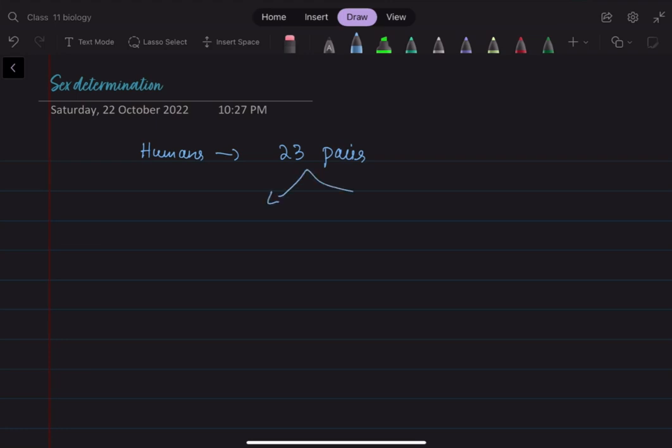In this, the 22 pairs are normal chromosomes and we call them autosomes, whereas the one pair that you have, these are the sex chromosomes. Why do we call them the sex chromosomes? Because these chromosomes are the ones that determine our gender, and we also call them allosomes.